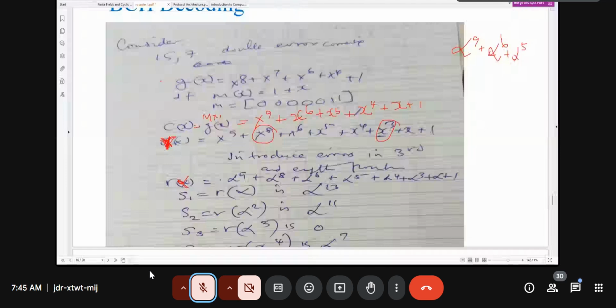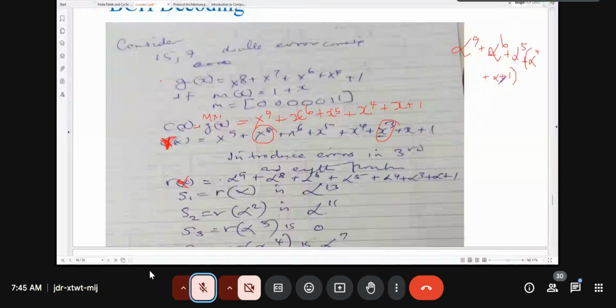And let's see, alpha to the 4, alpha, plus 1. Of course, this first of all becomes a bit easy to see. You can see already alpha to the 4 plus alpha plus 1 is actually 0.